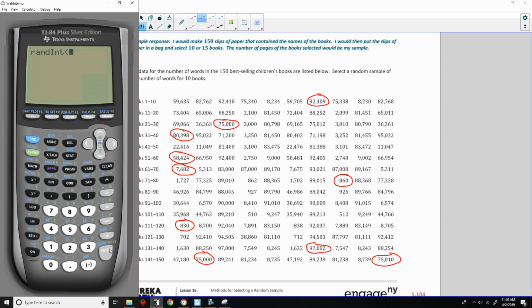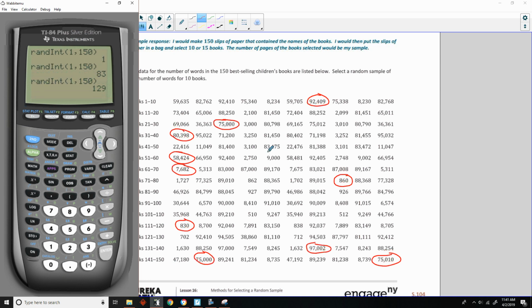And then tell it our parameters from 1, comma, 150, and then close the parentheses. If you hit enter, it gives you a random number. So I just hit enter 10 times. 1, 2, 3, 4, 5, 6, 7, 8, 9, 10. And that was a new group of random integers.